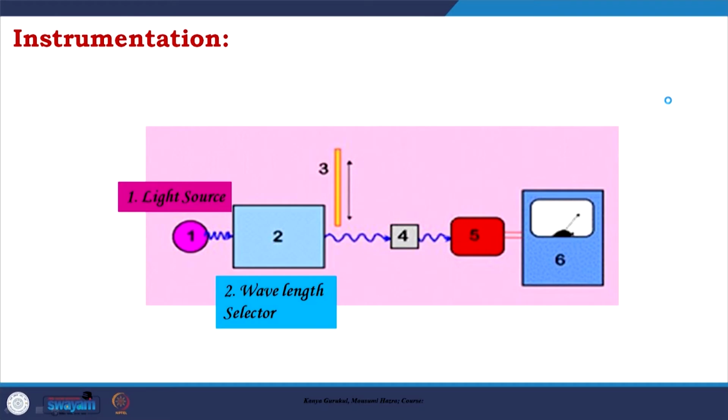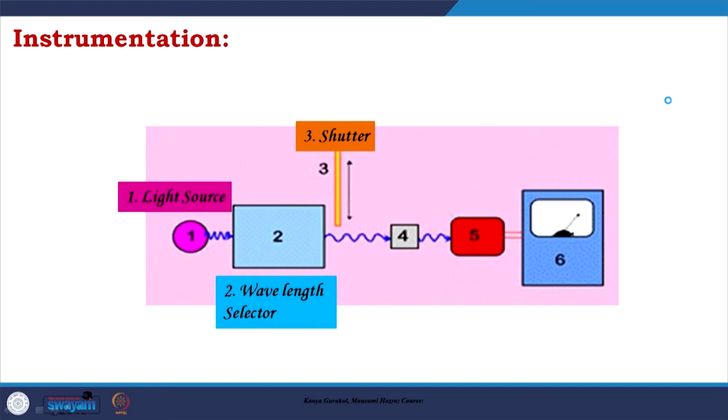This is a basic instrumentation of spectroscopy, where you first have a light source. We talk about normal light, but it could be different light, also different rays, which we will talk about later. Then the light comes to the wavelength selector.